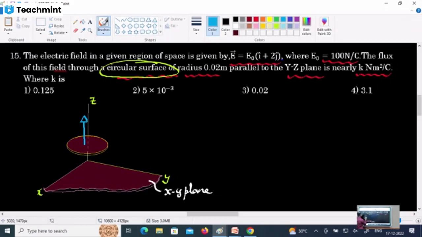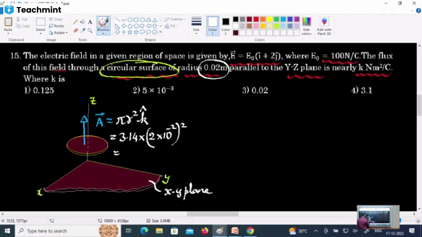So therefore area vector is equal to area magnitude, which is pi r square, times unit vector along the z axis, which we often write k cap. Pi 3.14 into r squared. What radius is given here? 0.02. We can write it as 2 into 10 to the power minus 2, squared. So 4 3s are 12, so 12.56 into 10 to the power minus 4 meters square. And the direction of that is along k cap.